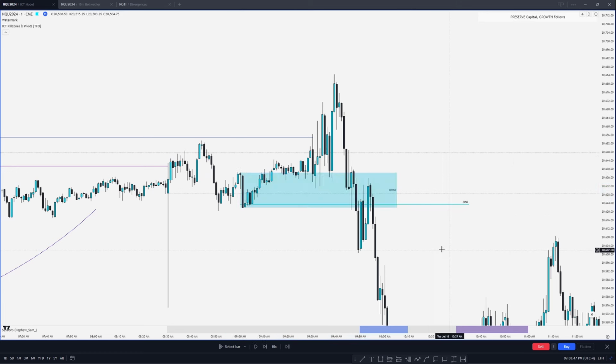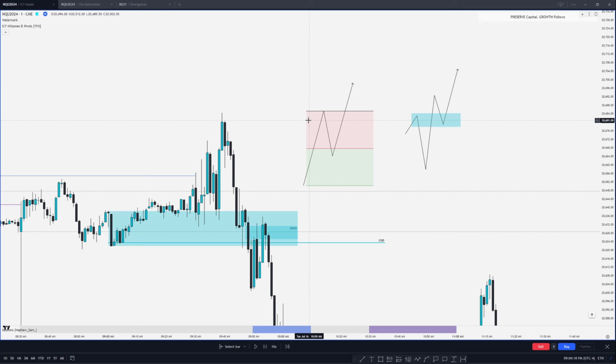So your two entry types are going to be either a trade into discount or premium of the dealing range, or it's going to be a breaker. And these are really the only two setups, the only entry criteria you'll ever need, because if you're trading reversals, everything outside of these two is going to produce, more often than not, a more difficult trade, and sometimes it's going to either stop you out prematurely or it's going to be a low probability sort of entry type.